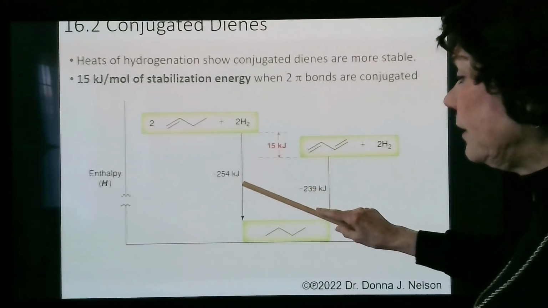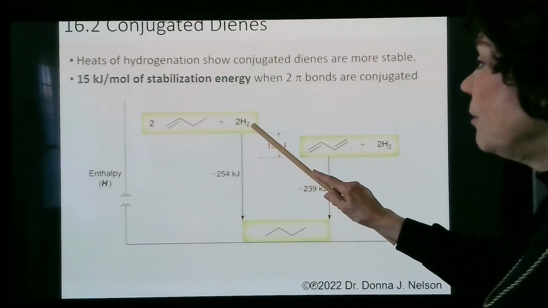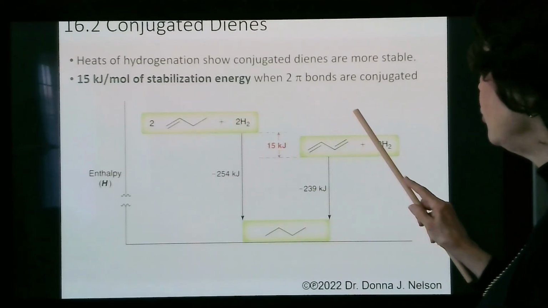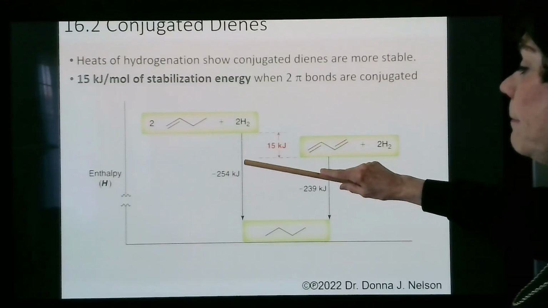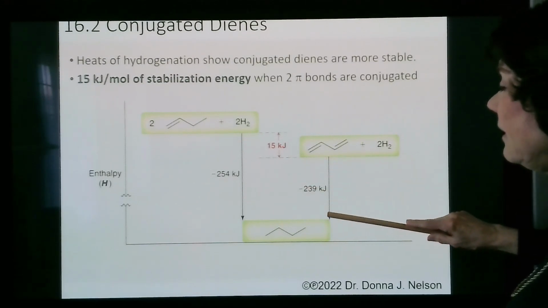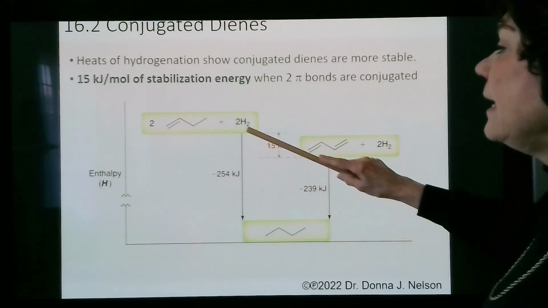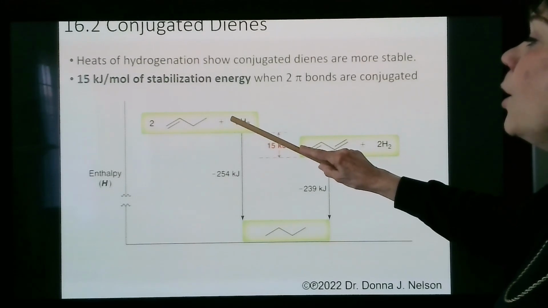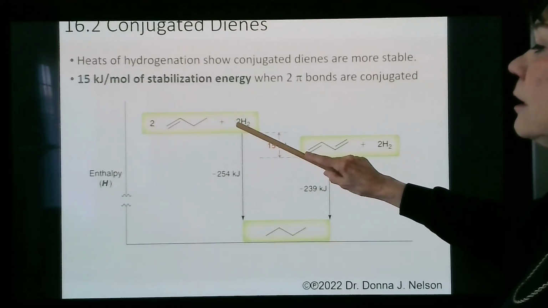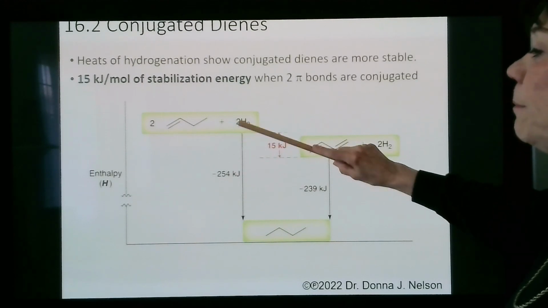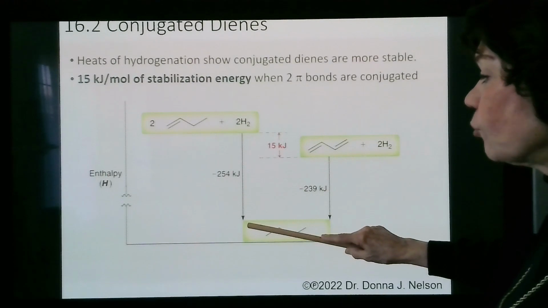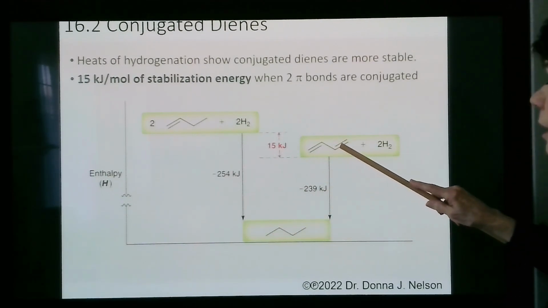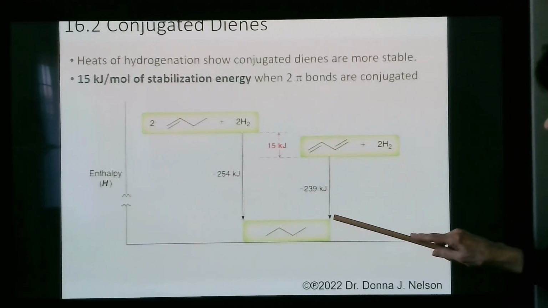And so here you're going down in energy, and the products from this reaction and from that reaction are identical, butane. And so if you measure the amount of energy given off in each of these reactions, it's possible to determine which one started at a higher energy point. So here, 254 kilojoules was given off in this reaction. Here, 239 kilojoules was given off in this reaction.